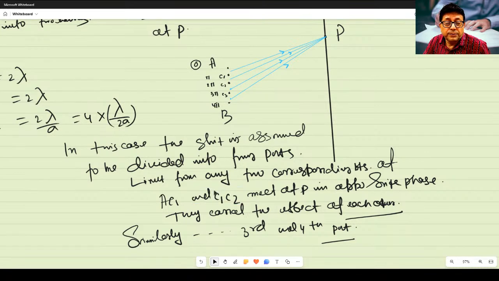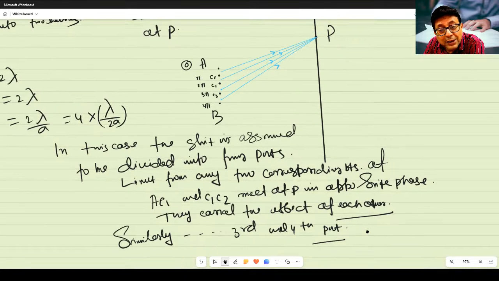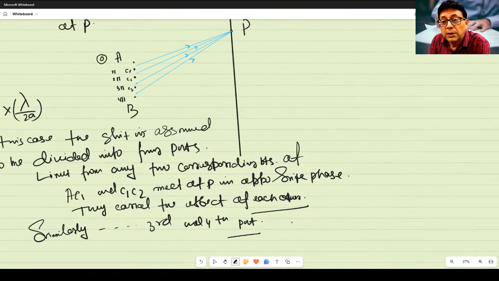So what do you observe? Slit in the first case divided in two halves. Here divided in four halves. Let us draw the conclusion now.